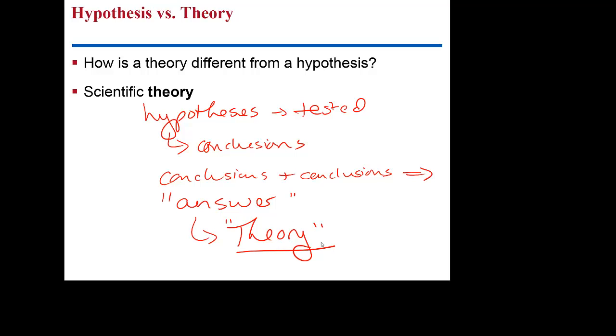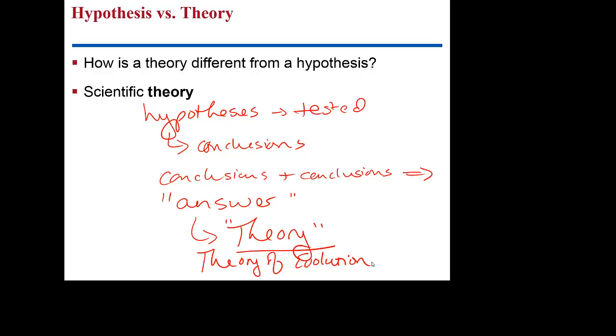So a theory in biology or a theory in any science is trying to pull together a lot of hypotheses, a lot of data, a lot of studies that are going to support a common theme in biology. So we mentioned evolution being a common theme in biology, and we actually talk about the theory of evolution.